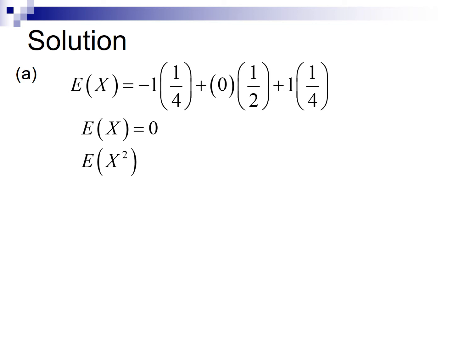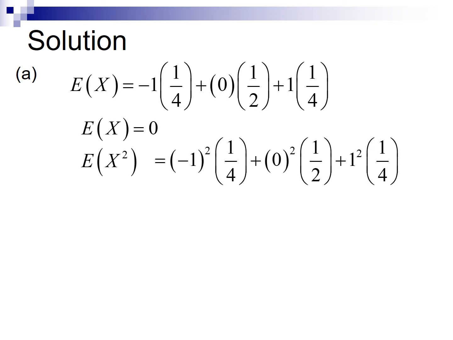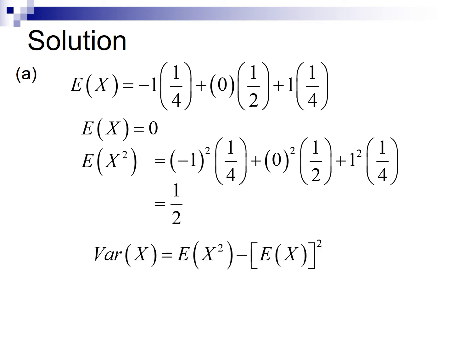To get variance of x, you need to find the expected value of x squared using again the formula sum of x squared multiplied by its probability. So you have half. So your variance of x is just E(x squared) minus the mean squared. Substitute the two values, you have half.